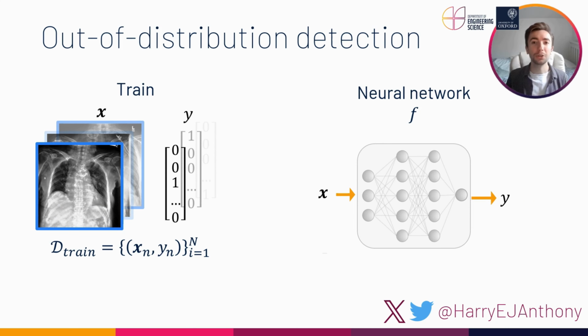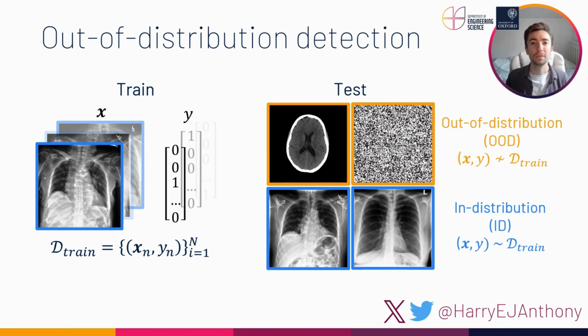So, when training a neural network, we've got a set of training images and corresponding labels, which we call the training data. We use this to train a neural network on a task of interest, such as classifying diseases from X-ray scans. Once the model is trained, it can be applied to images without labels during inference.